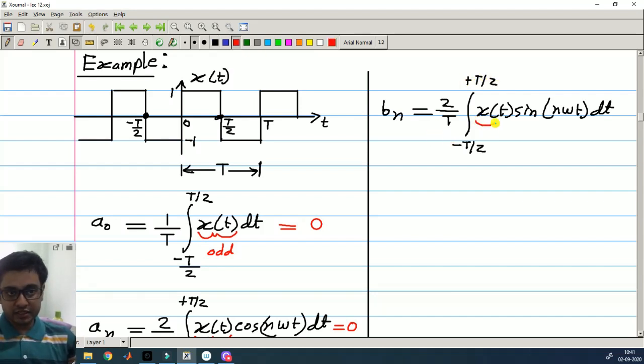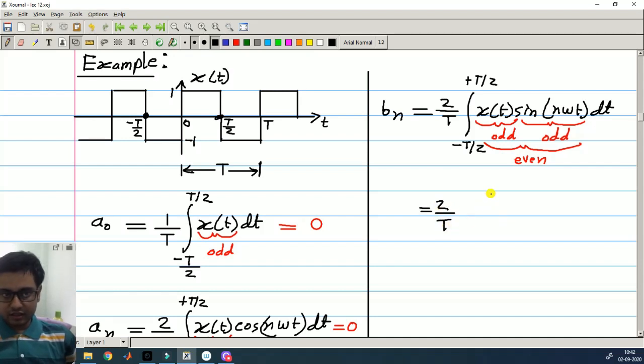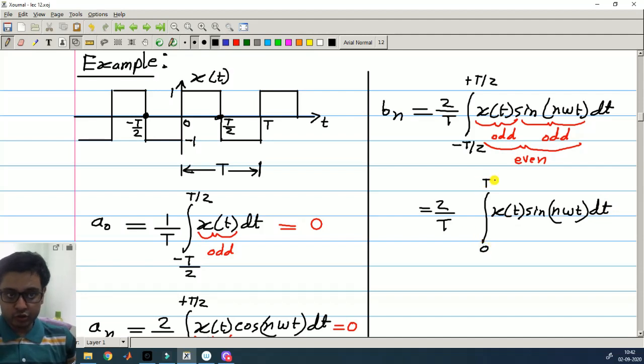Now you note that this is an odd signal, this is again an odd signal, so the product is an even signal, and therefore you can write this integration as the integration of x(t) sine n omega t dt from 0 to T/2, multiplied by 2, because it is symmetric around the center.